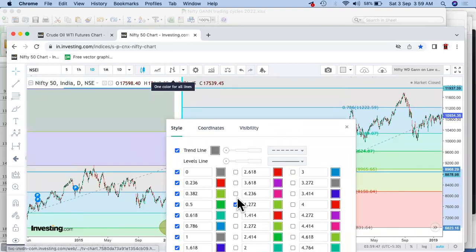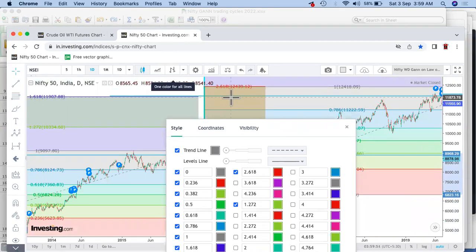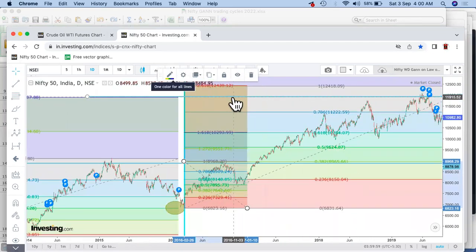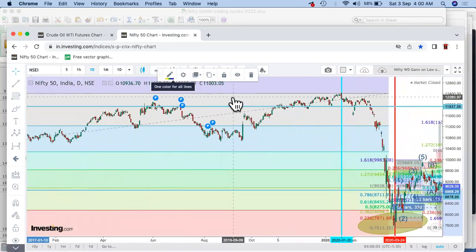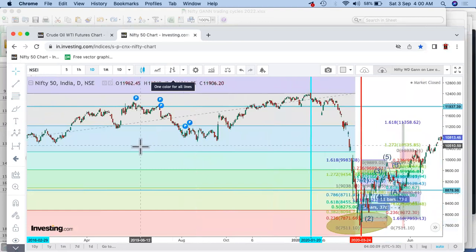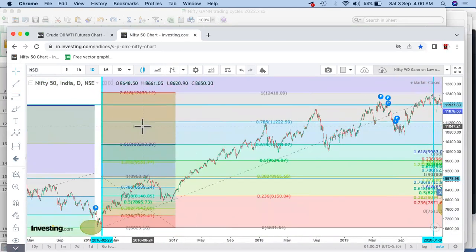So this should be somewhere around 2.618. If I take 2.618, it is coming to 12,439, right? 12,439, and my high over here for this candle is 12,430.